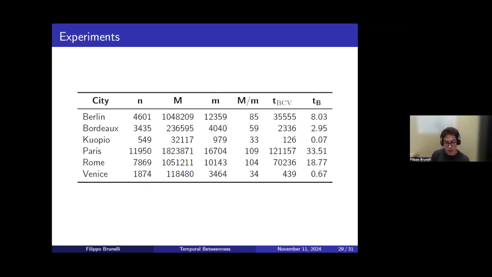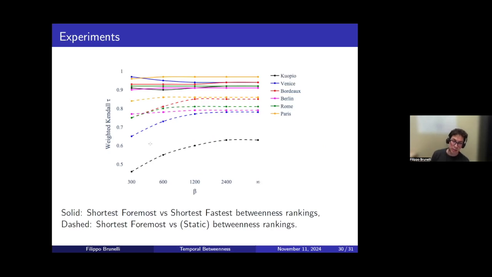But most importantly, what we noticed is that if, once again, we compare the betweenness obtained, for example, by two different temporal betweennesses, and a temporal betweenness with the static betweenness obtained by Brandes, we can see that the temporal betweennesses are much more correlated between them compared to how they are correlated with the static one.